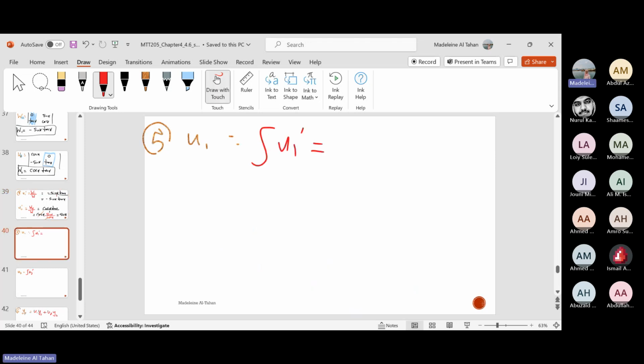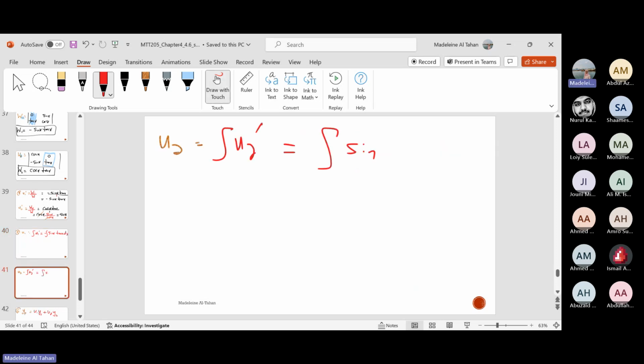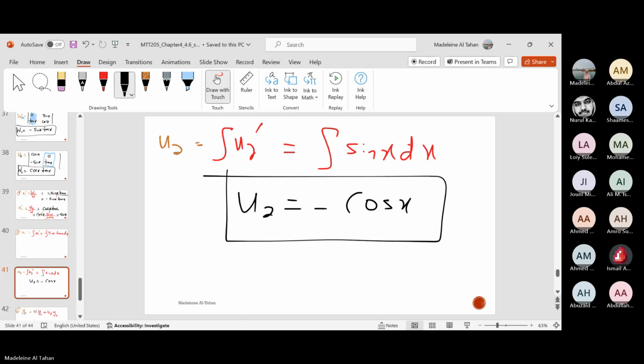This one is the integral of negative sine x tangent x dx. And this one is the integral of sine x dx. We can start with the one that we want. So u2, what's the integral of sine x? Negative cosine x, right?